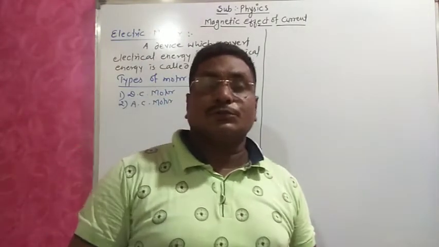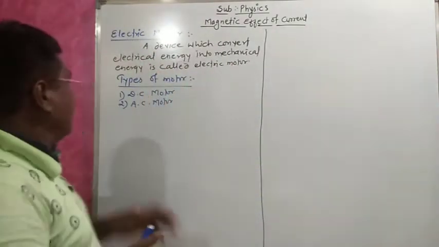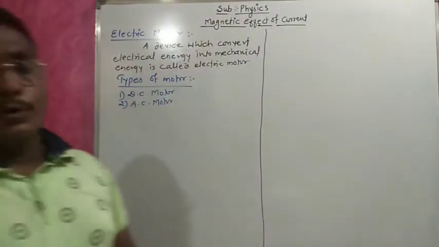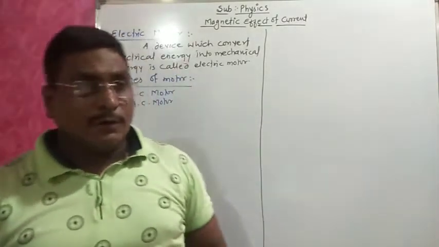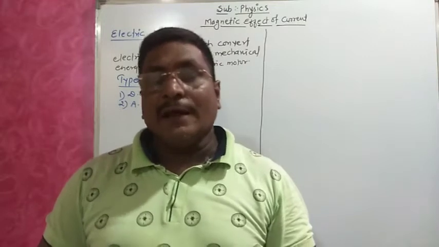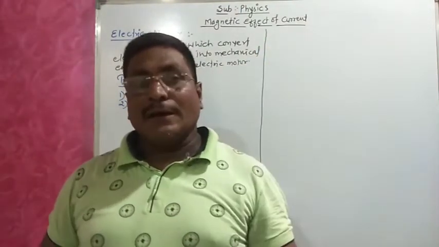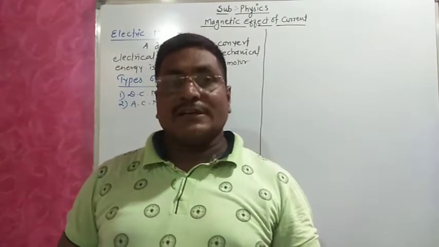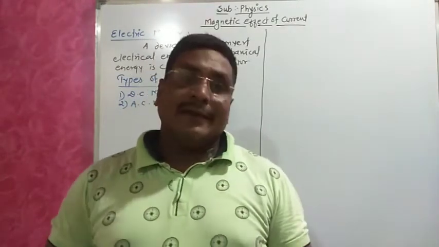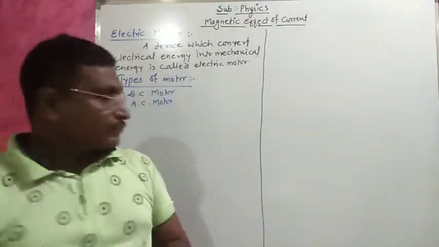From these two types, we are going to discuss the DC motor. What is the DC motor? What is the construction? What is the principle and how does it work? So now we are going to discuss the principle, construction and working of the electric motor.